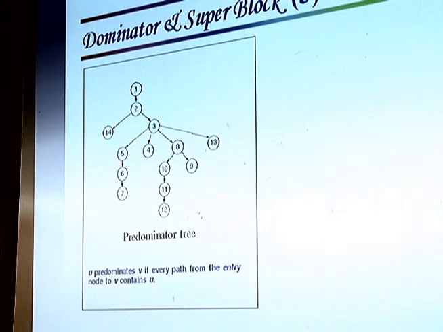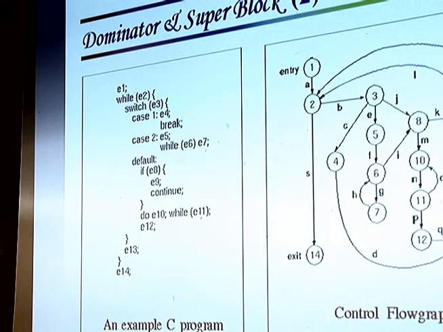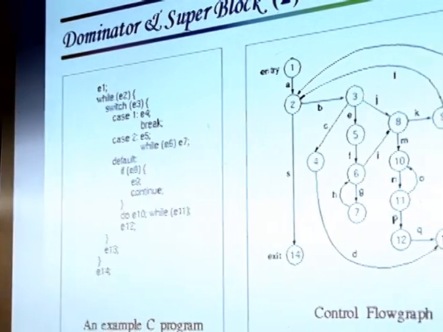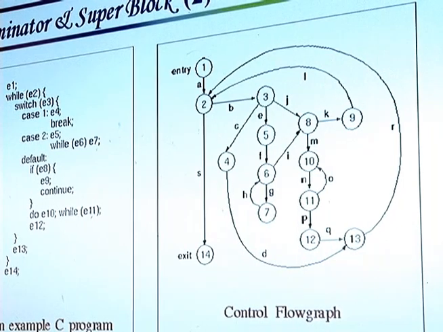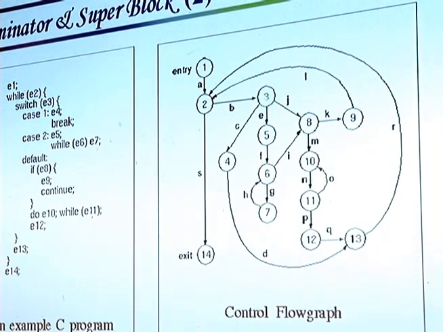There is no predominance relationship between 3 and 14. Why not? It doesn't have to go to 3. 3 is here. I can go to 3. 14 actually dominates 3, but it's afterwards, not before. Go to 3, you don't have to go through 14. After the execution visits 3, before it terminates, you have to go through 14.